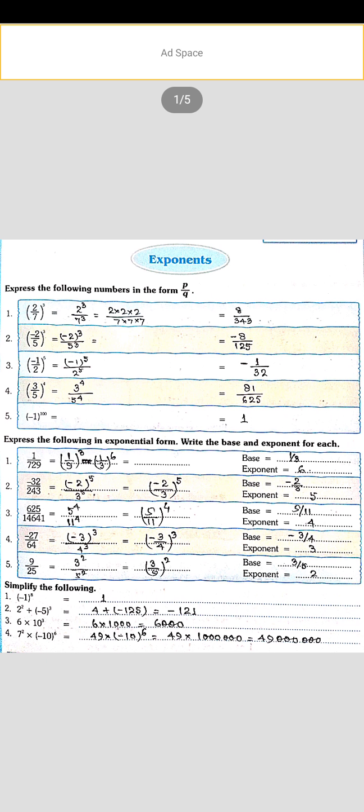So it can be written as (5 by 11) whole 4. Here base is 5 by 11 and exponent is 4.